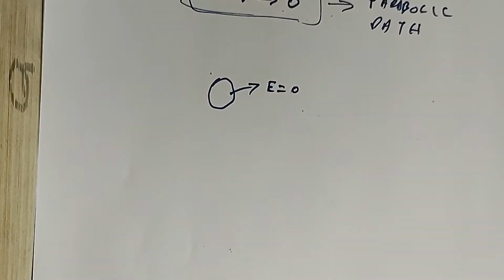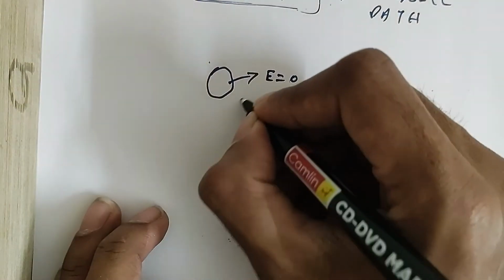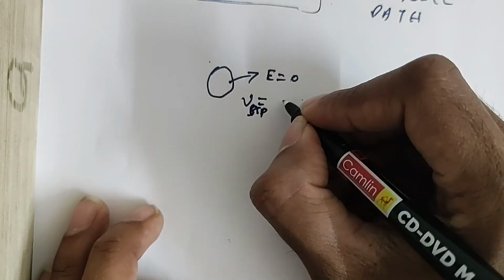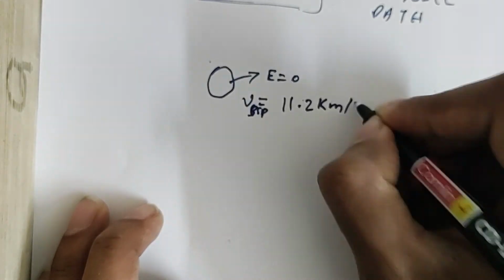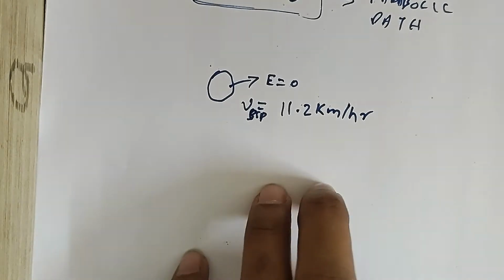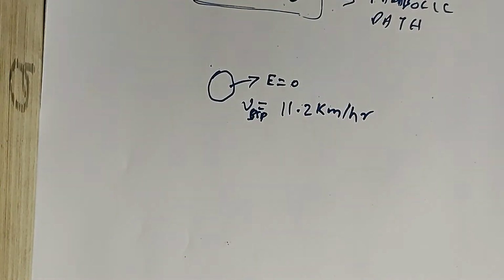For example, for the Earth, the escape velocity V escape is equal to 11.2 kilometers per second. This is the speed that you need to escape Earth's orbit. So the escape velocity condition corresponds to a parabolic path, to parabolic orbits in such cases.